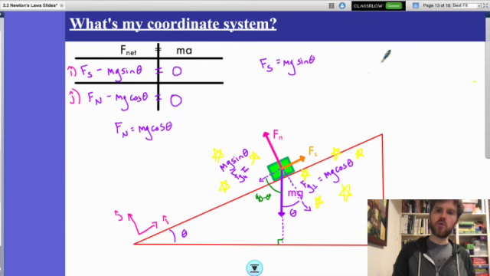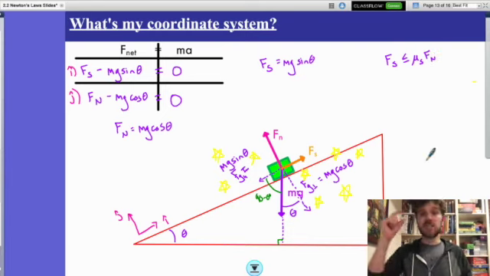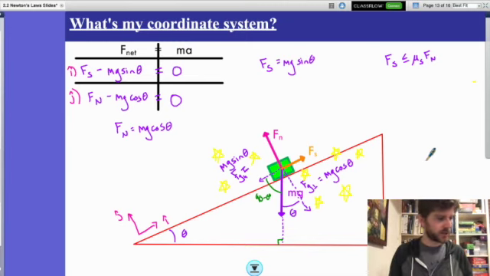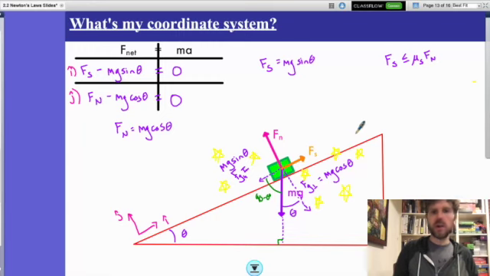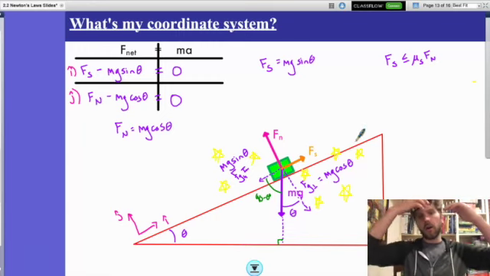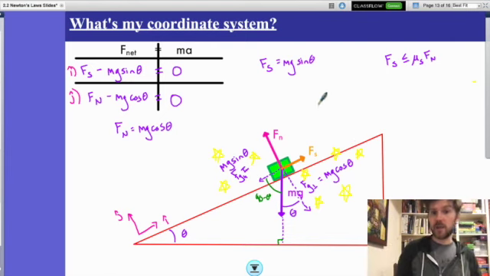And I just want to note, remember, we know that static friction forces max out at mu s times the normal force. So what is the smallest possible coefficient of friction I can get away with here? What has to be the coefficient of friction? Well, if my coefficient of friction is as small as possible, that's going to be when my maximum force is exactly equal to mg sine theta.